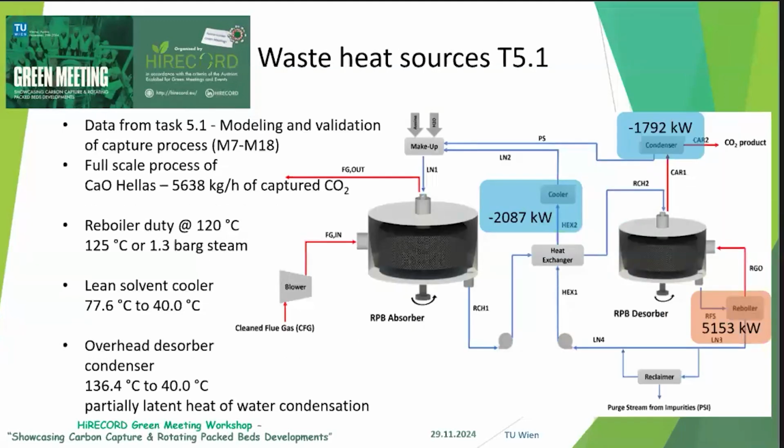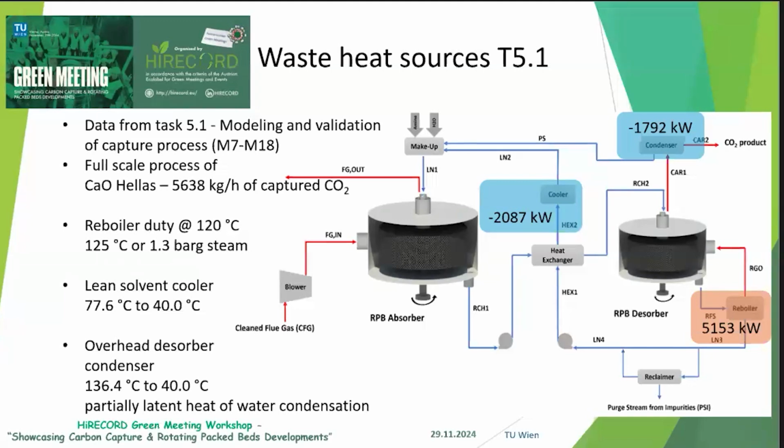So this was the reason I let Babis present first, because this is the product of his work. Here in the bottom right, you can see the amount of thermal energy or duty we need to put into the capture process. The bottom right is the reboiler. It's about 5 megawatts, and this is for the process of Cao Hellas, which is about 5.5 tons per hour of captured CO2.